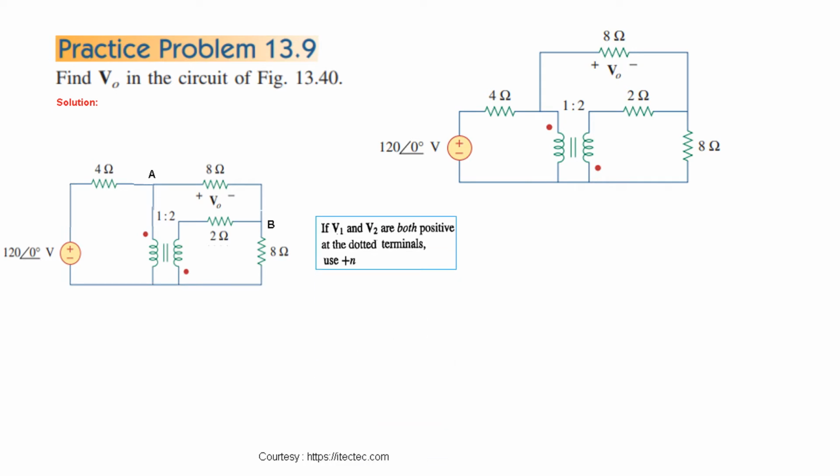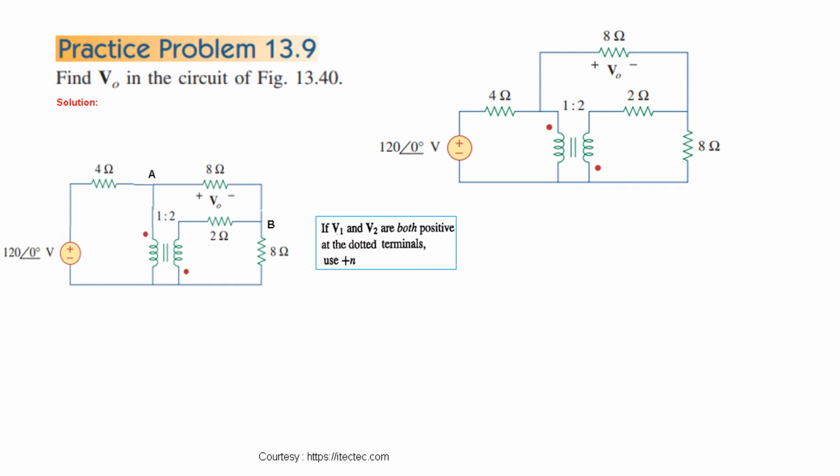Now we'll write the voltages. I could have written V1 here and V2 here straight away, with a positive sign at the top of each. But we'll try to follow this convention so we don't have to use the negative sign. It says that if V1 and V2 are both positive at the dotted terminal, then you can use a positive sign.